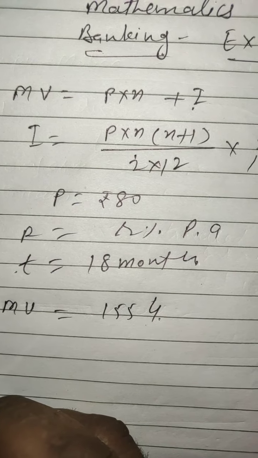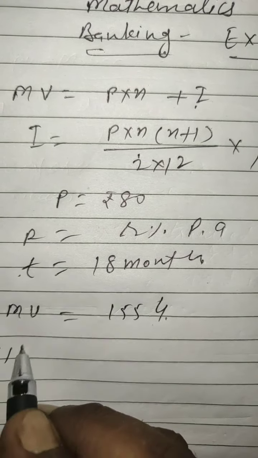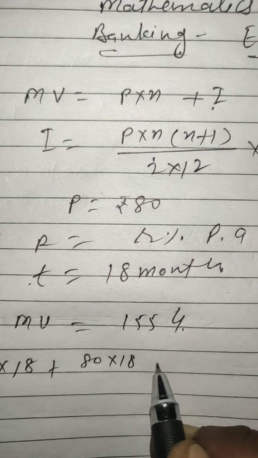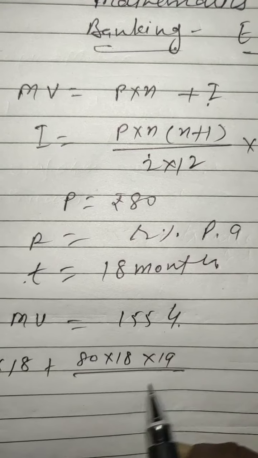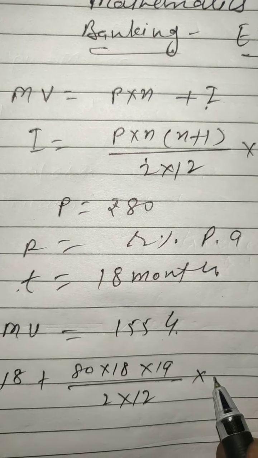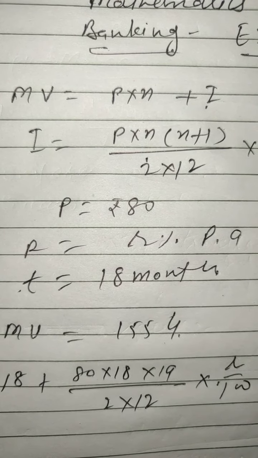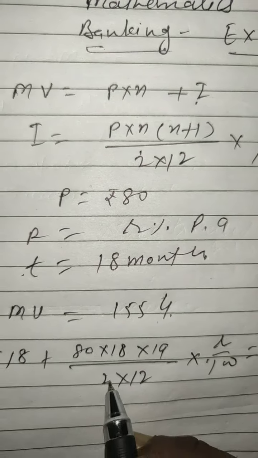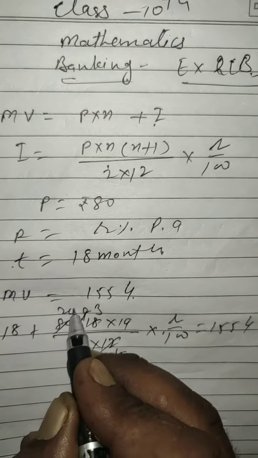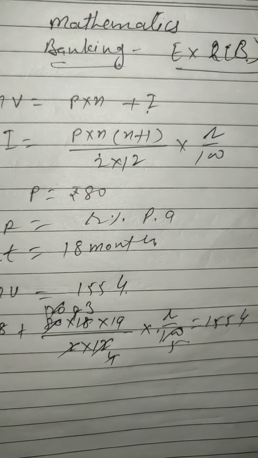P is 80 into N is 18, plus 80 into 18 into 19 over 2 into 1 over 12 into R over 100 is equal to 1554. Then you can cancel: 3 nines are 27, 4 threes are 12, 4 fives are 20.